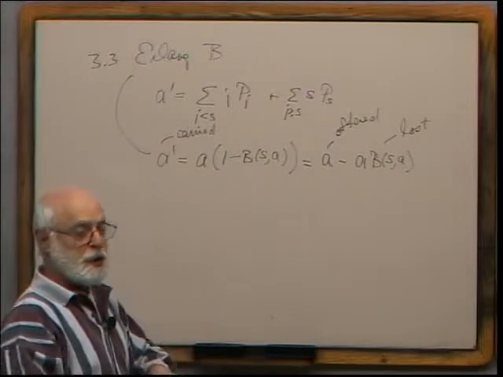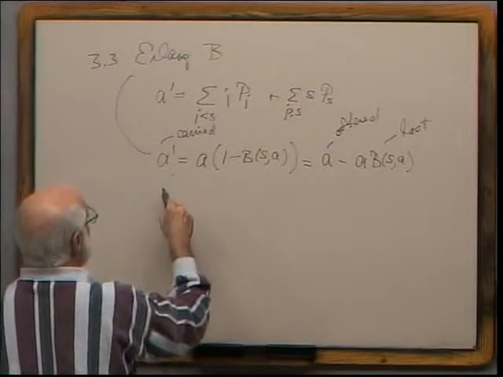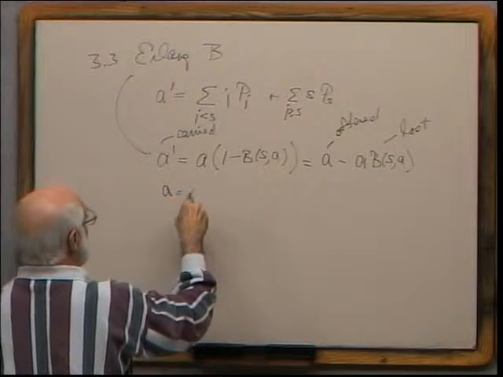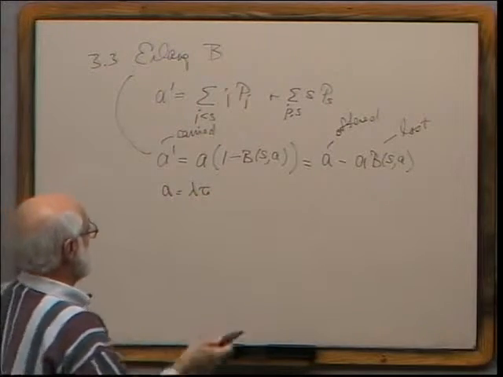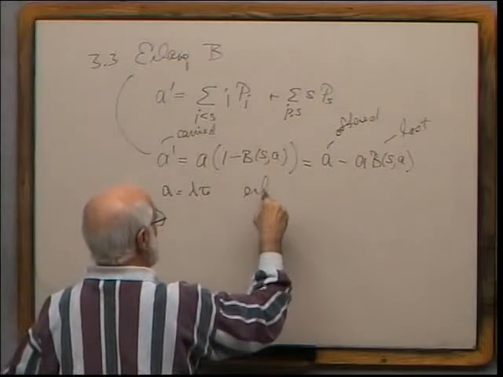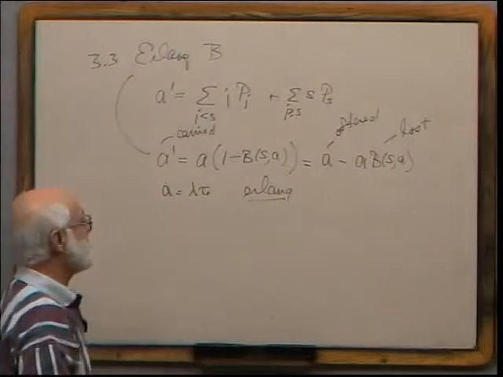The units are called Erlangs, and remember that the formula for the offered load was the arrival rate times the average service time. These units are called Erlangs, E-R-L-A-N-G, after A.K. Erlang.